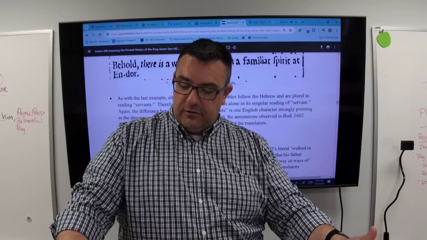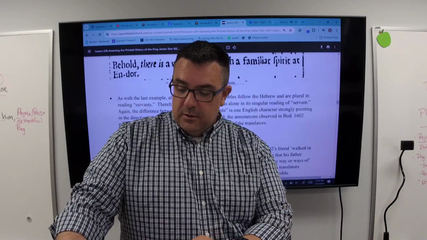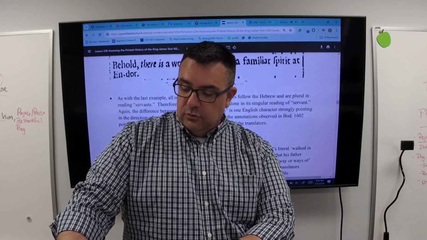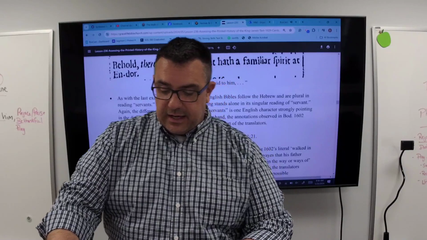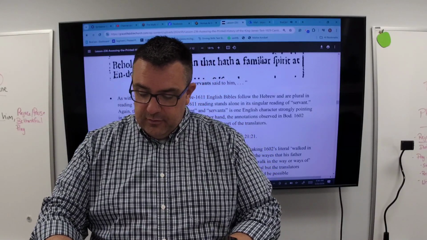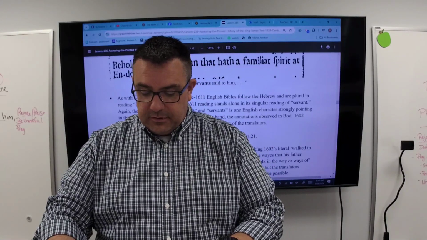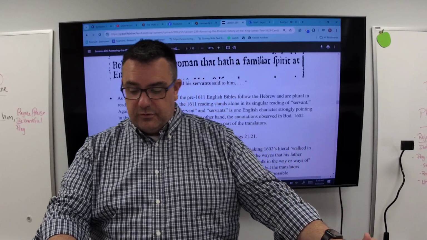1602 agreed with 1629, agreed with 1602, but a problem arises. To walk in the way or ways of is a common Old Testament idiom. The Hebrew uses both singular and plural, but the translators sometimes, as here, give a plural for a Hebrew singular.